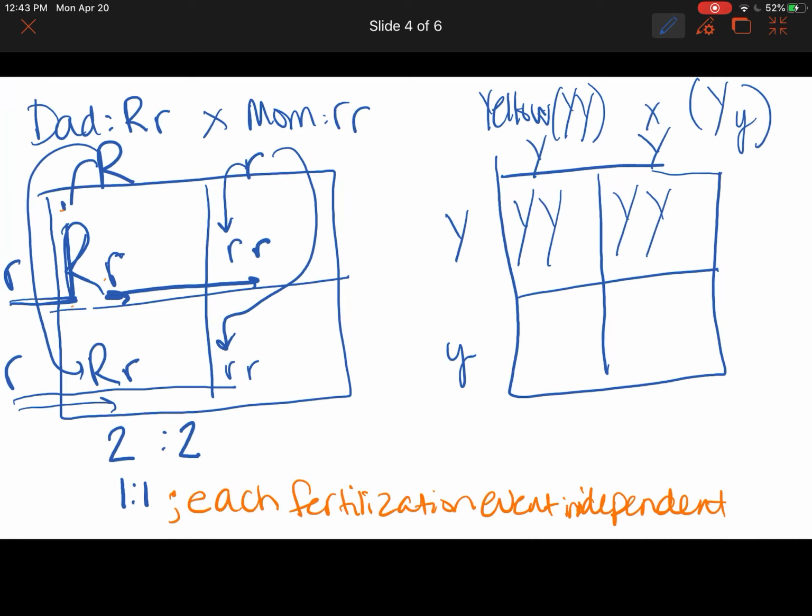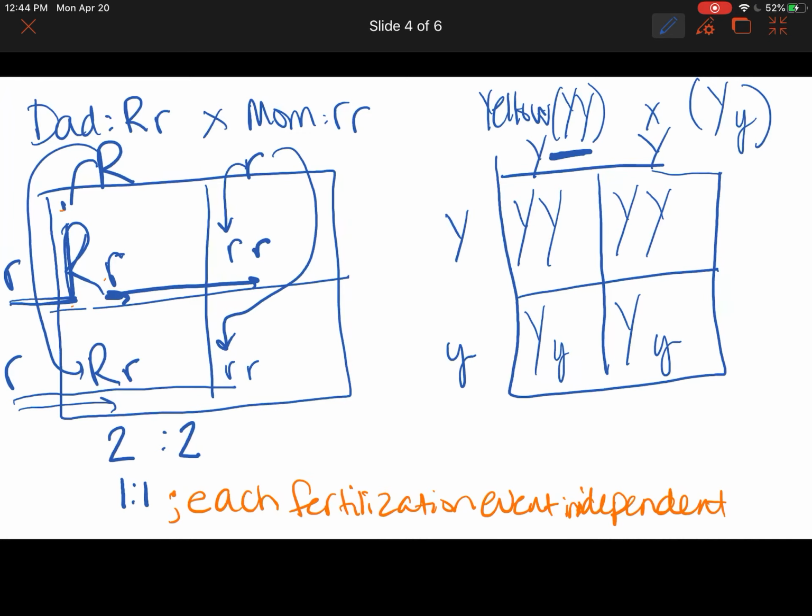if we cross a true breeding yellow plant with a heterozygous yellow plant, then all of our offspring are going to be yellow, because the parent that is homozygous dominant for yellow, the only allele that that parent can donate to the offspring is the dominant allele.